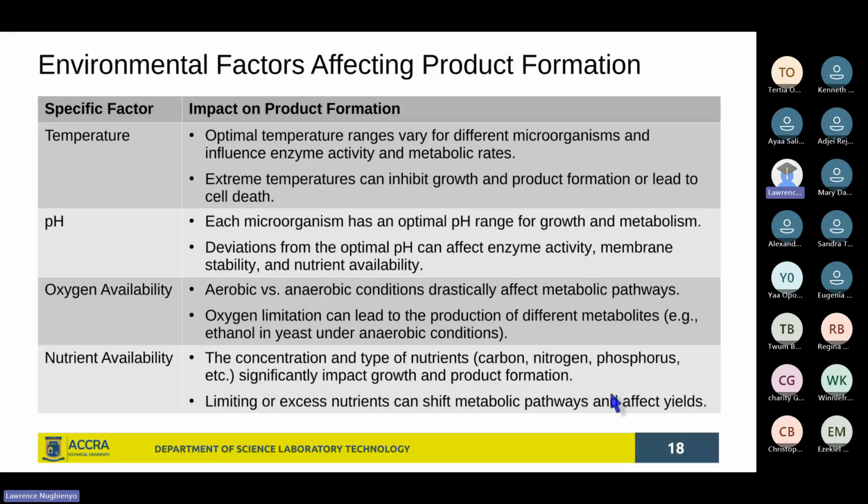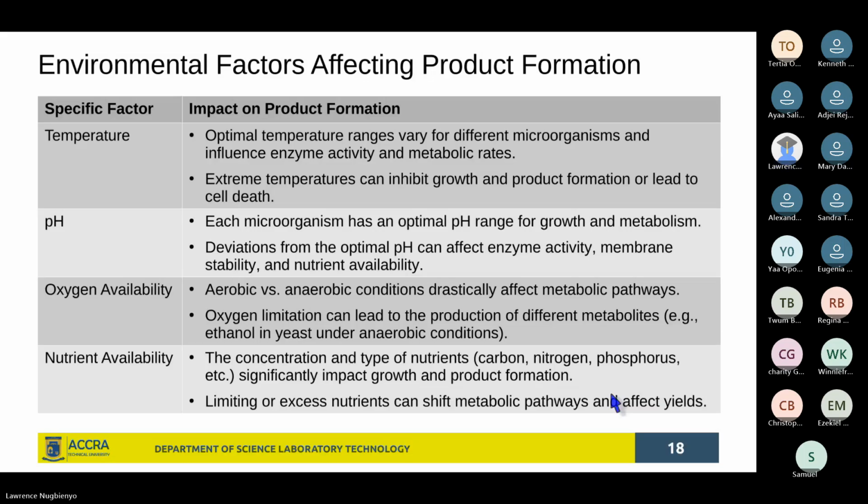The major elements are nitrogen, phosphorus, and potassium, because these elements are important for the growth of plants. You have different fertilizers for different purposes, and they are enriched with specific elements. These are limiting nutrients that can shift metabolic pathways and affect the yield of the products in bioreactors.